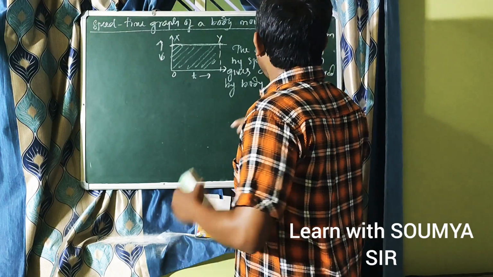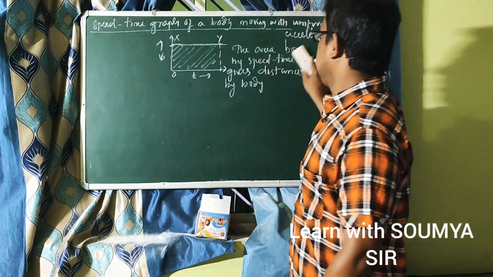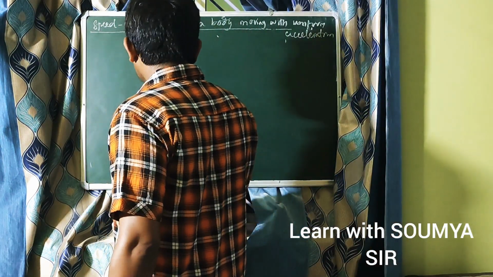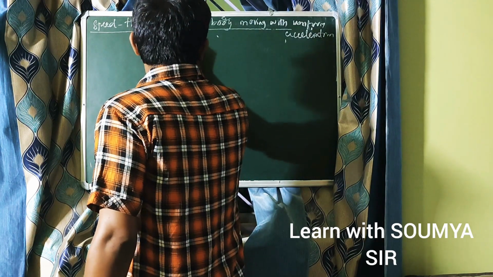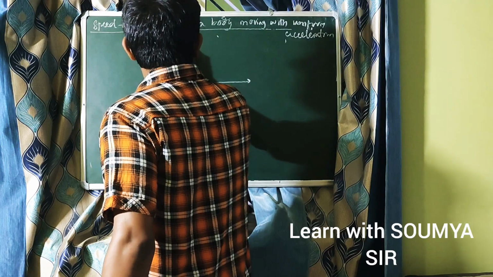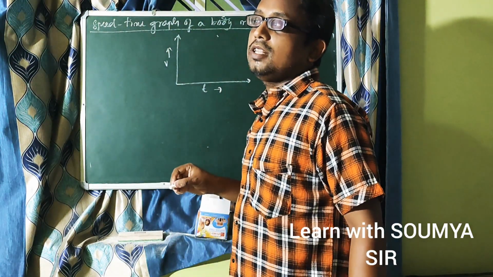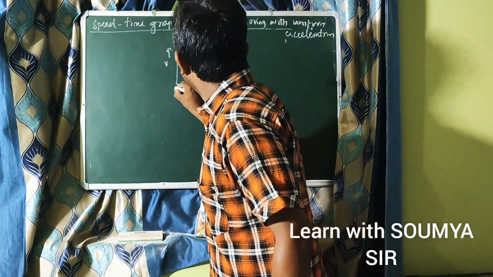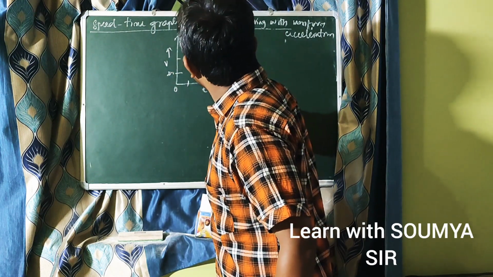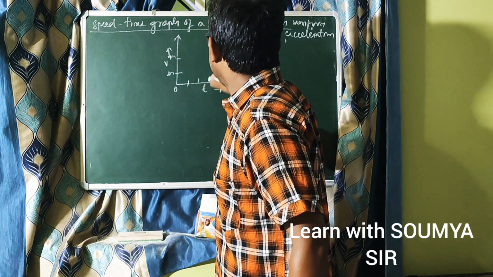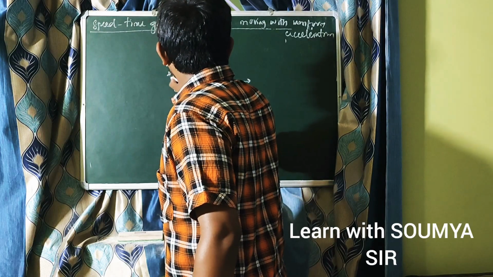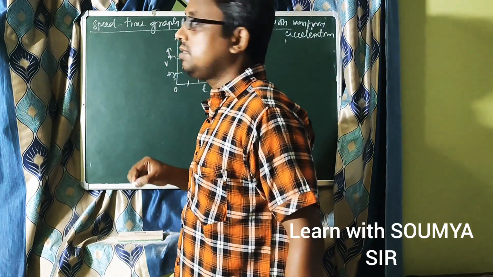Next we'll see the speed time graph of a body moving with uniform acceleration. That means the body will have some acceleration here, so the body's speed or velocity will increase. This is the time, this is the speed or velocity. Suppose in the first second the body is going 2 meters per second, then 4 meters per second, then 6 meters per second.